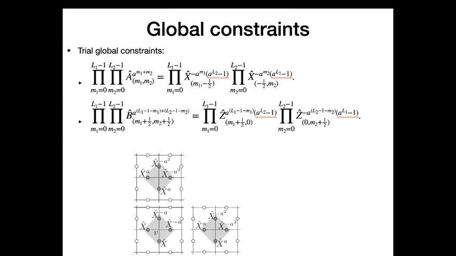I need to change the powers: if I have an operator here, I have an a-to-the-power-a operator, and I need to keep changing the powers of these operators this way so that it commutes with the Hamiltonian. But again, this kind of global constraint requires the matching of the system size at the boundary.